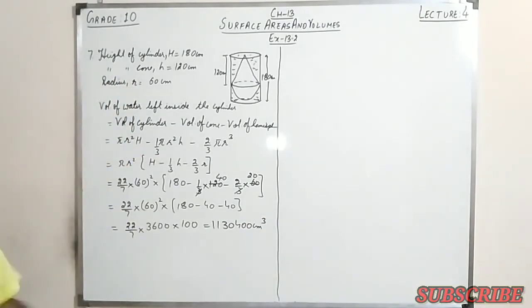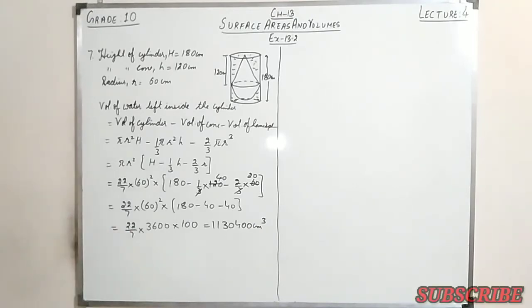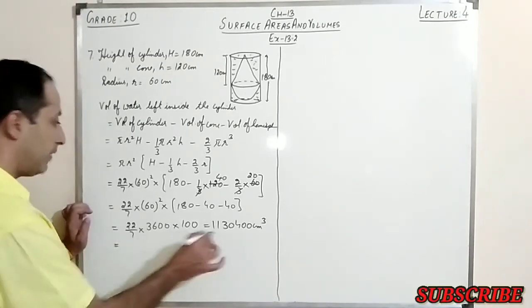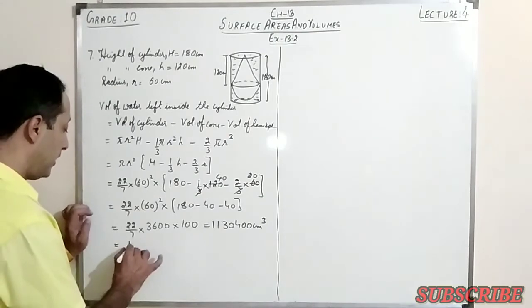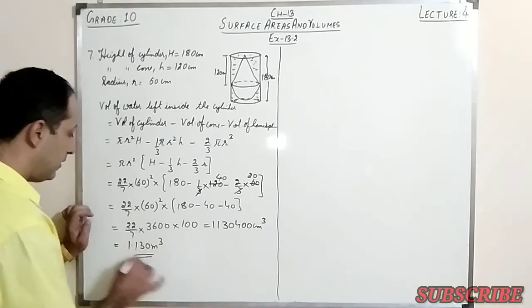So we are just neglecting the decimals, or we can take 22 by 7 as 3.14 and then substitute, and this will be equal to, basically if we convert into meter cube, 1.130 meter cube.